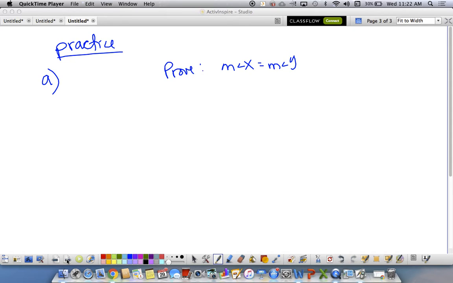What would be your first line? What is our assumption? Assume the measure of angle X does not equal the measure of angle Y. That is all they want for letter A.